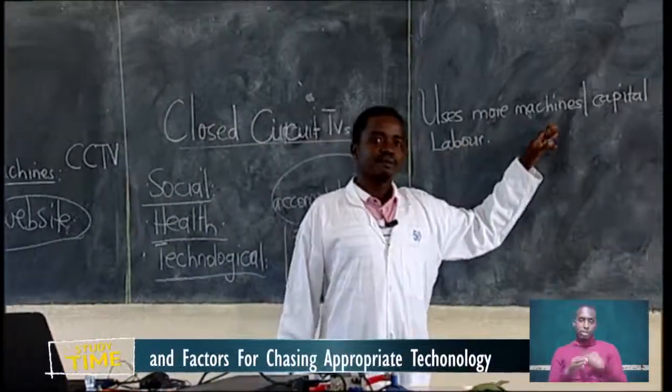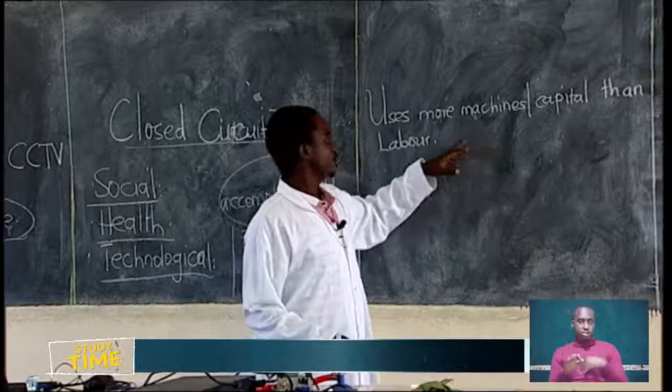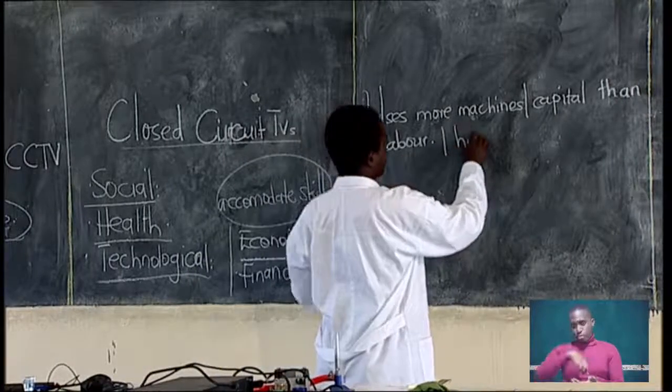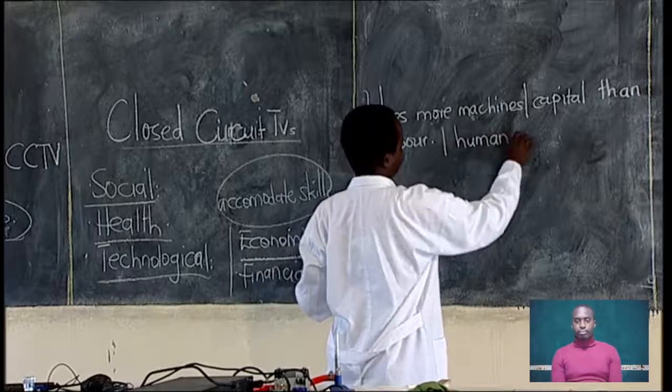It employs more machines or capital than labor, or human resources. So with capital-intensive technology, this method of production uses more machines or capital than human resources.